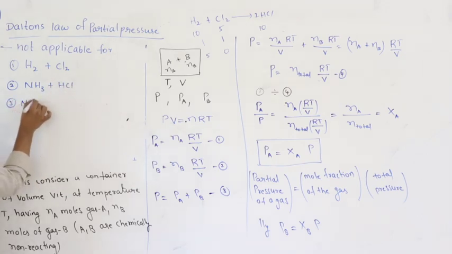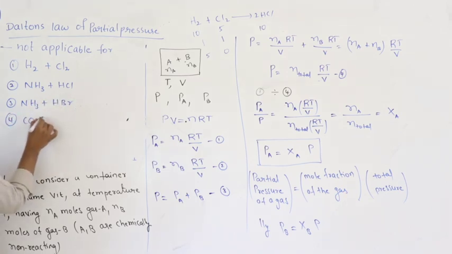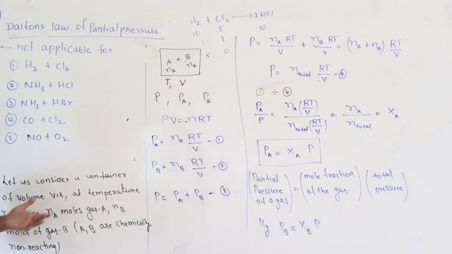Even you can write ammonia and HBr. CO and Cl2 readily react. NO and O2. So it is not applicable for these mixtures because they will react readily. But if they react, number of moles will not remain constant.